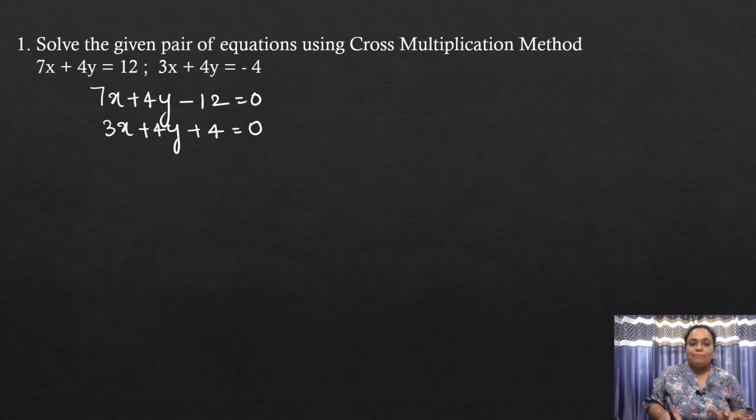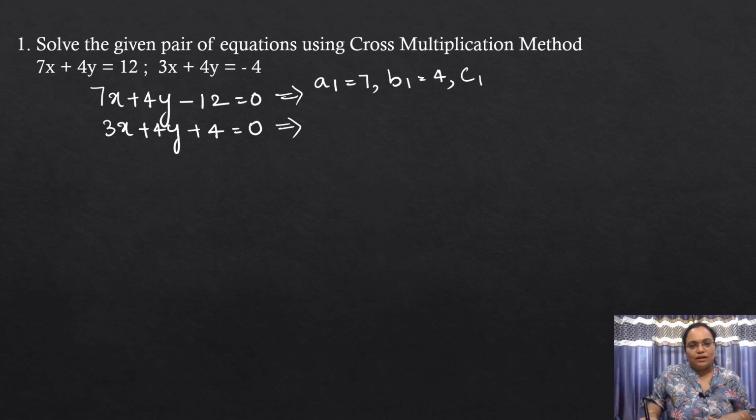From these two, let us quickly find A1 is equal to 7, B1 is equal to 4 and C1 is equal to minus 12. A2 is equal to 3, B2 is equal to 4 and C2 is equal to 4.